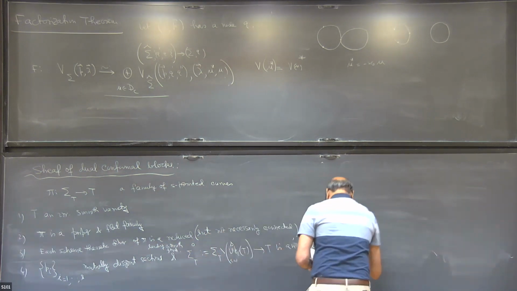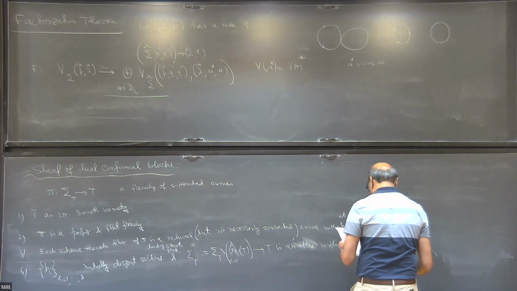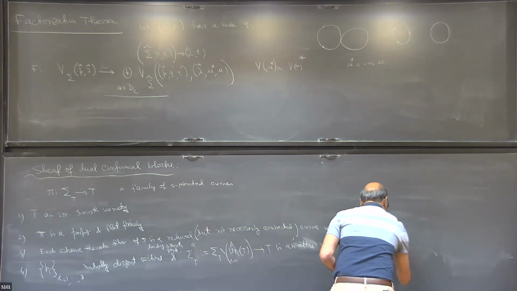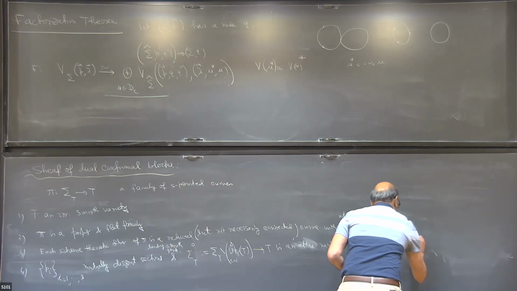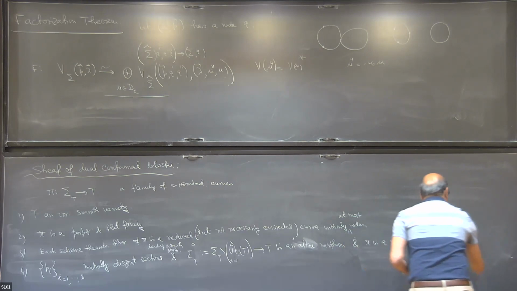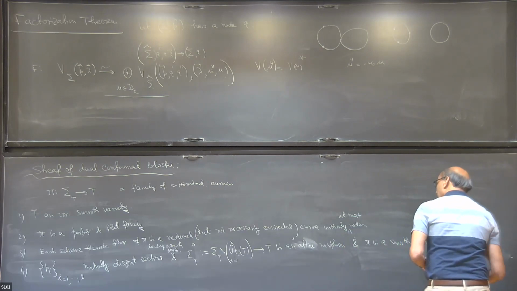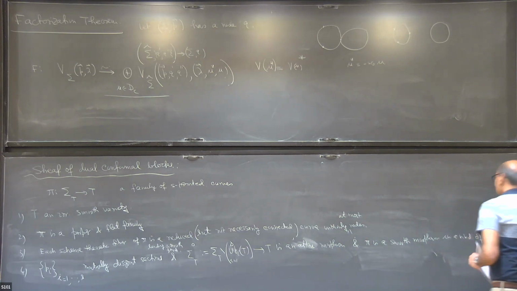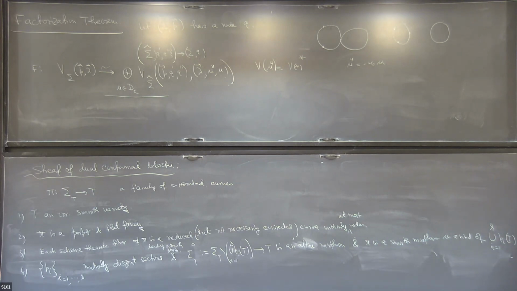And I require that pi is actually slightly stronger than pi is a smooth morphism in a neighborhood of the union of the pi_i. That will take care of that. These are smooth points.